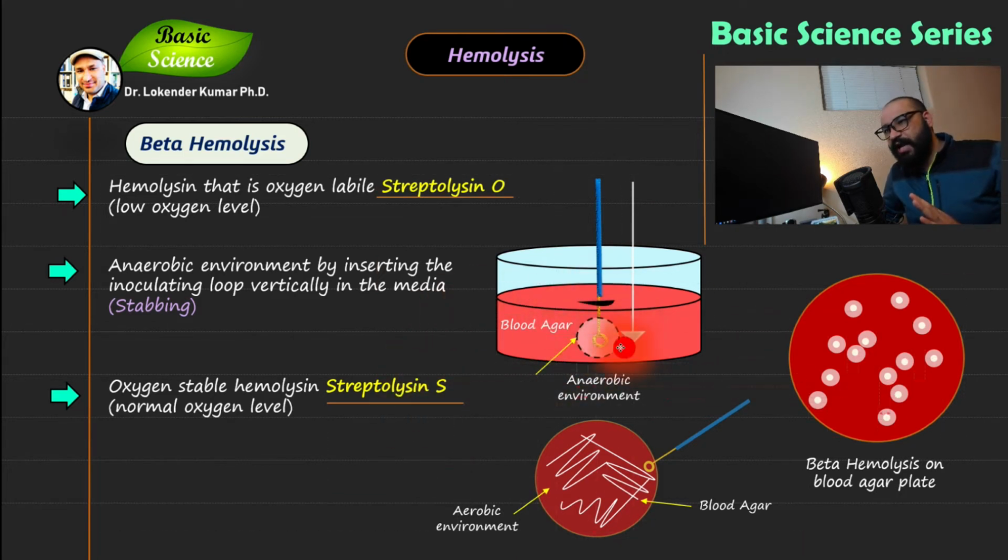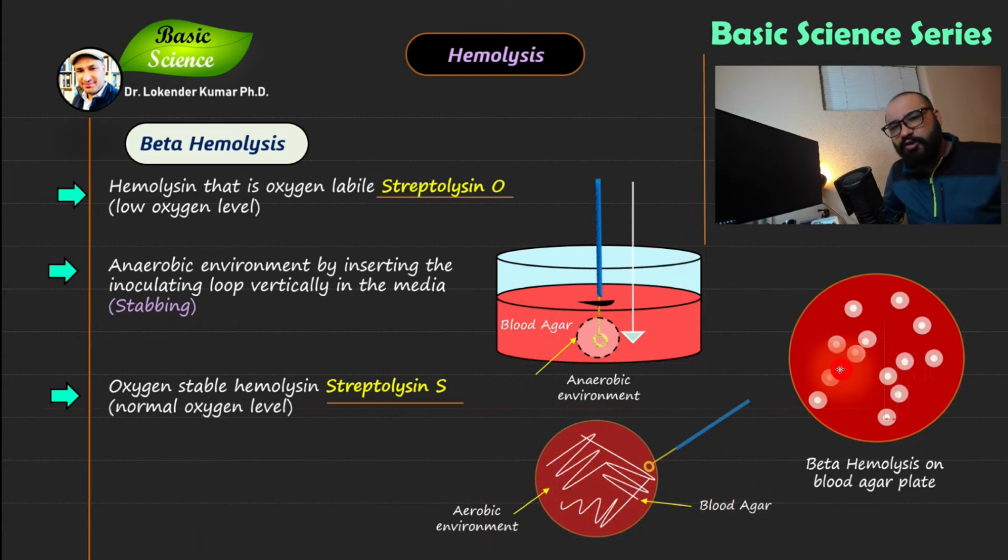You can detect the presence of Streptolysin O as well as Streptolysin S in your experiment by using the stabbing method or just culturing the bacteria on the surface of the blood agar plate.